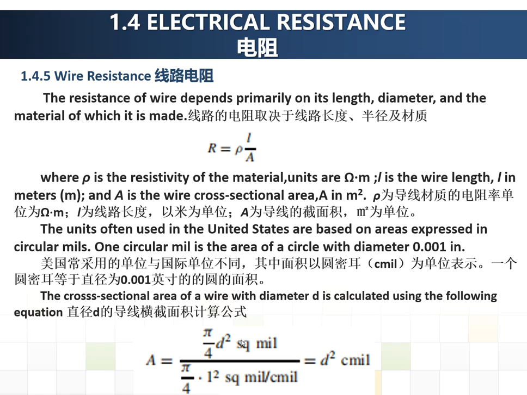L is the wire length. The unit of L is meters. And A is the wire cross-sectional area. The unit of area is square meters. But the units often used in the United States are different from the standard units.